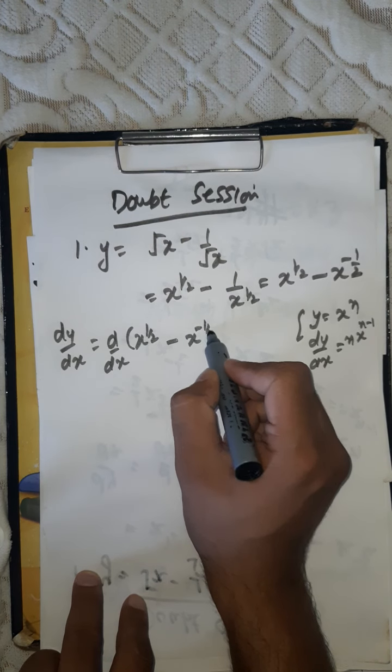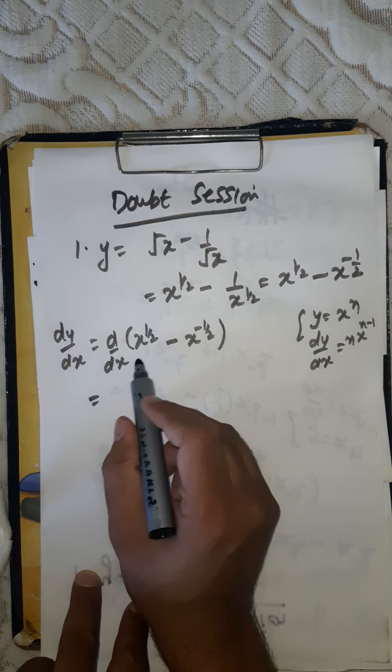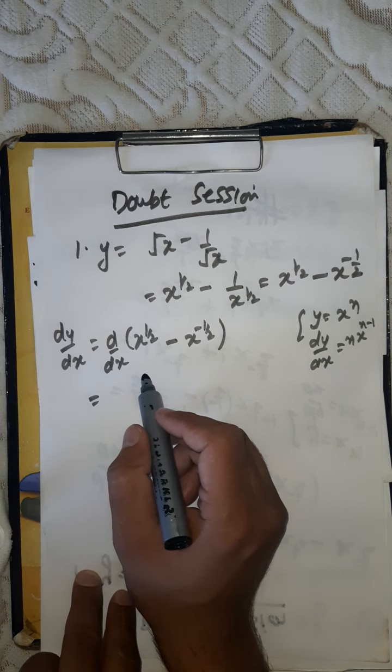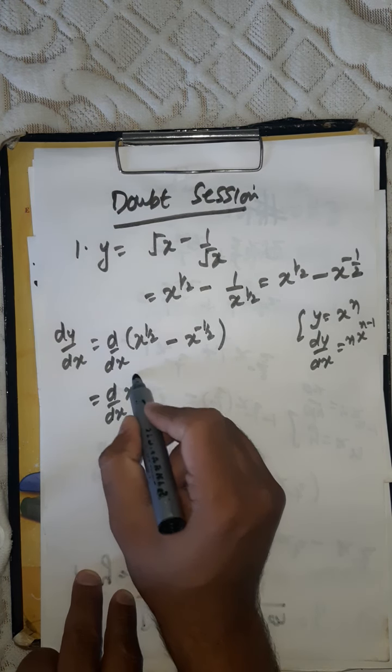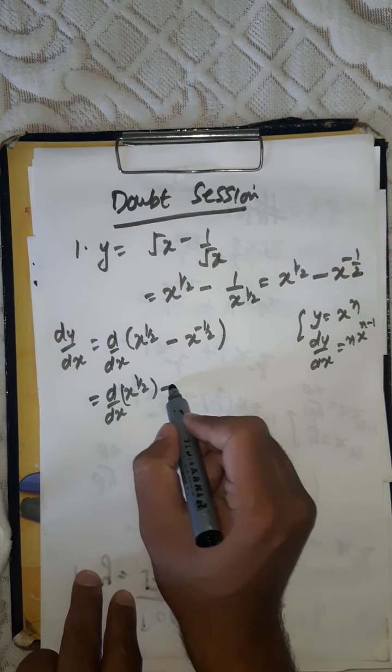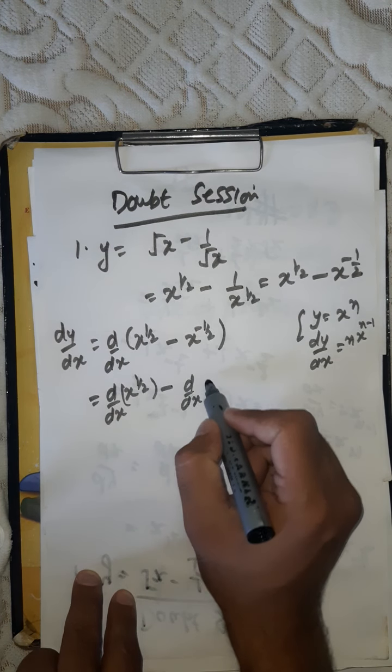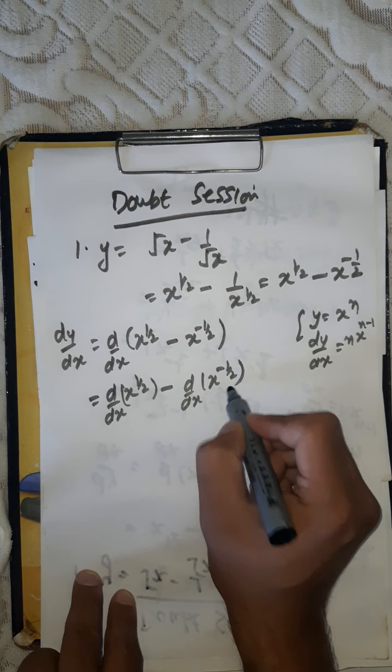So now the derivative of this, minus 1 by 2. Now you can apply the u plus v formula. So d by dx of x power 1 by 2 minus d by dx of x power minus 1 by 2.